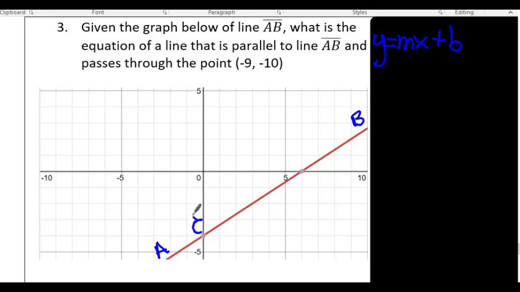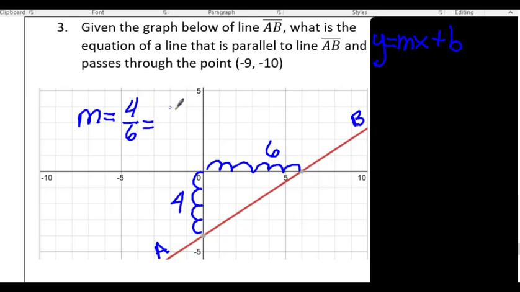If I go up 1, 2, 3, 4, it's going to rise 4, and it's going to go over 1, 2, 3, 4, 5, 6. It's going to run 6. So my slope, my m, would be 4 divided by 6, which is the same thing, if you divide both by 2 to simplify, as 2/3.